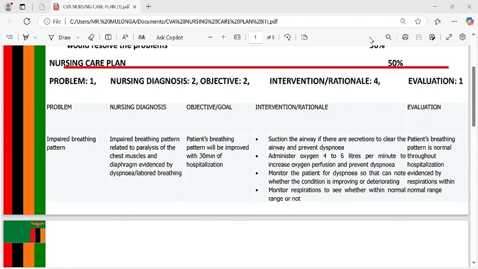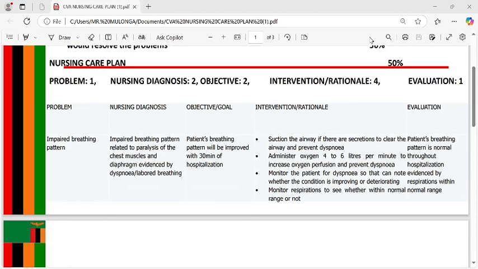From the objective, we'll go and look at the interventions. Number 1, I will suction the airway if there are any secretions to clear the airway and prevent dyspnea. That's the first thing that you do.